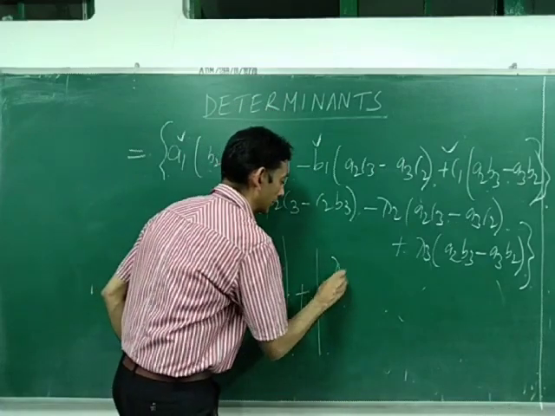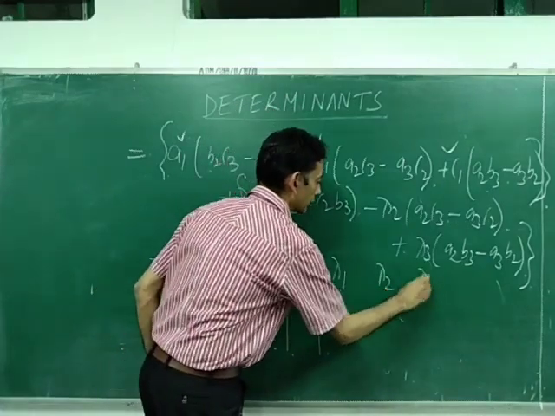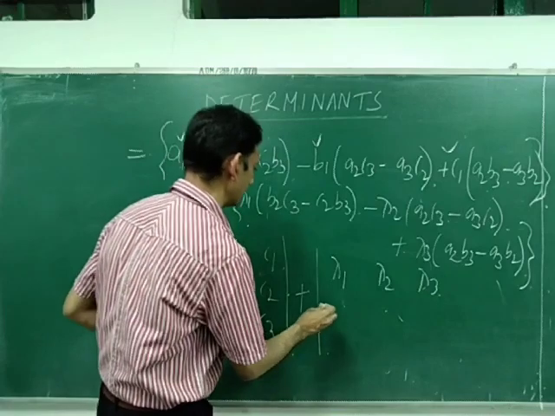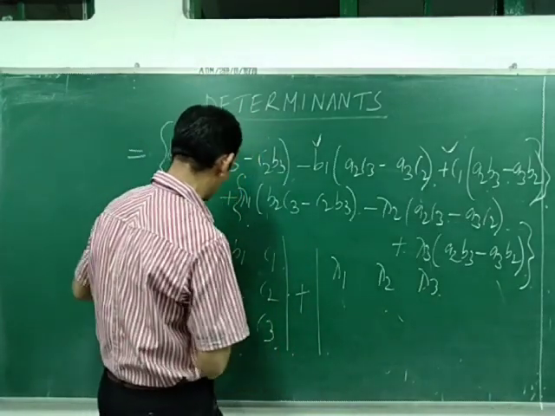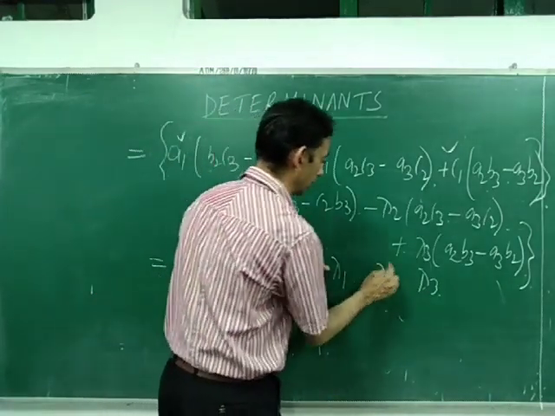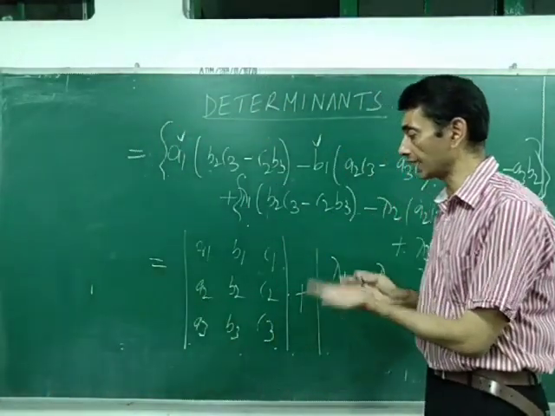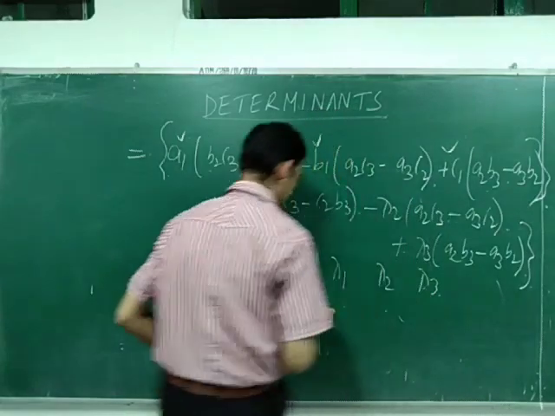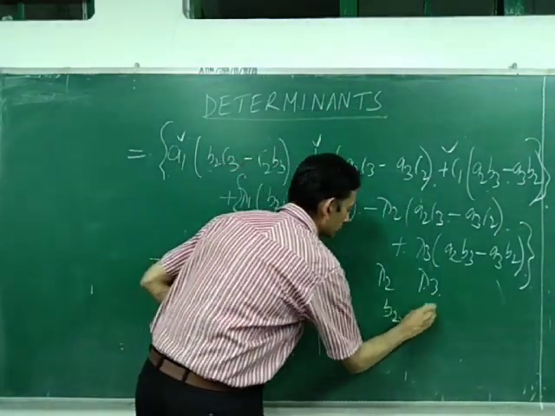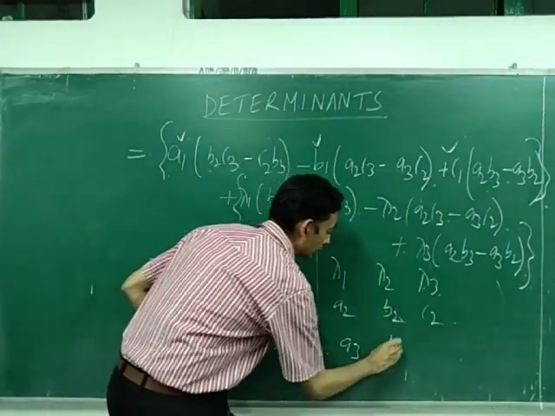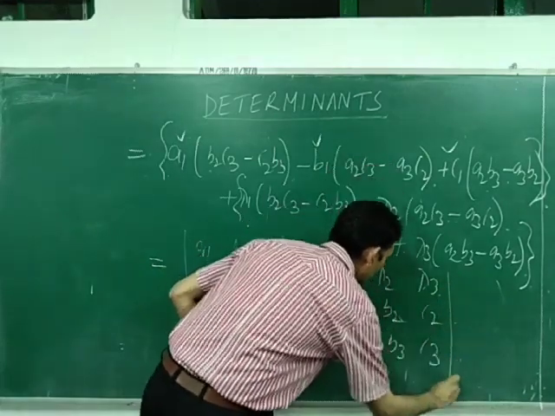So you can just write lambda 1, lambda 2, lambda 3 in place of A1, B1, C1 in the first row. There won't be any changes in the second and third rows, which will be A2, B2, C2 and A3, B3, C3.